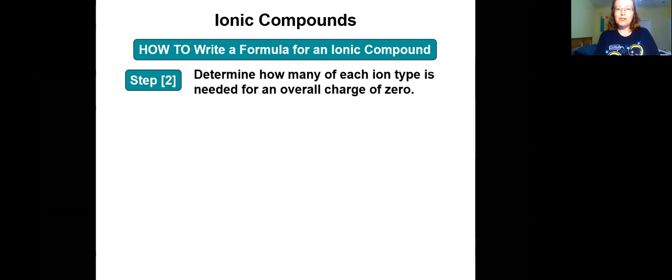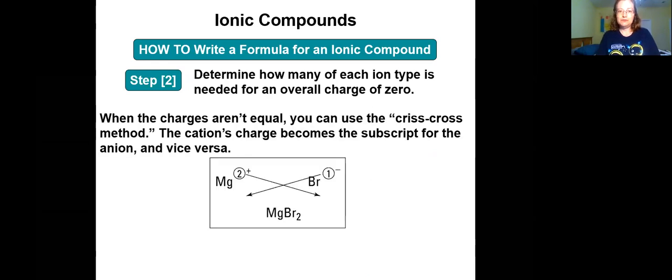What if it's not the same size charge? Well, when the charges aren't equal sizes, you can use the crisscross method. The cation's charge becomes the subscript, the little number on the bottom right, for the anion, and vice versa. So here I have magnesium in group 2A. His charge is +2.